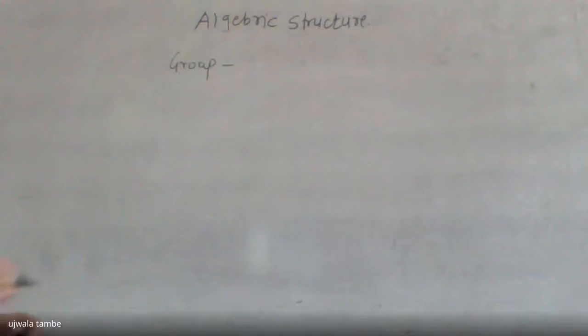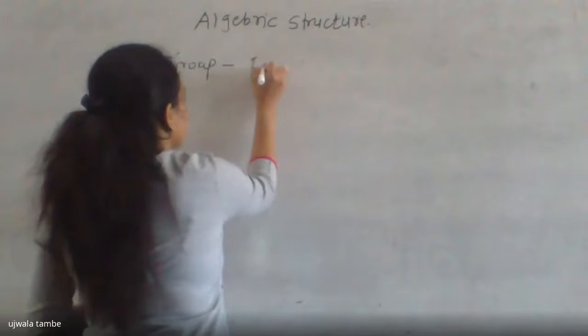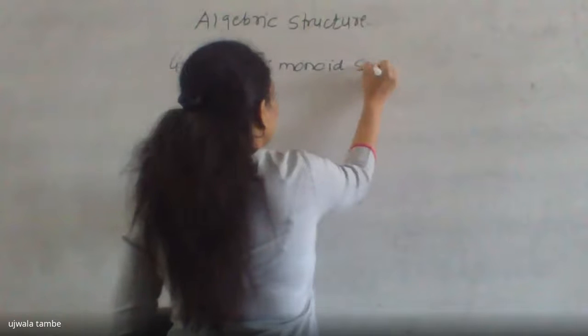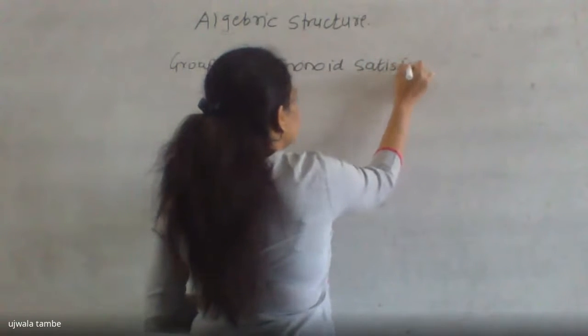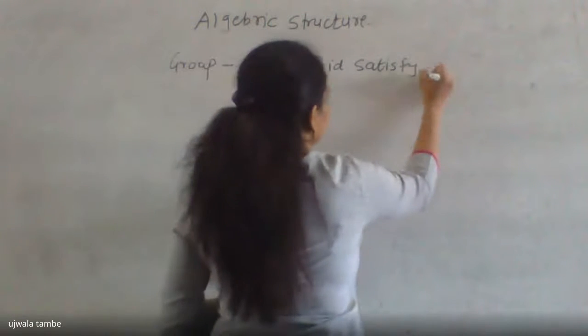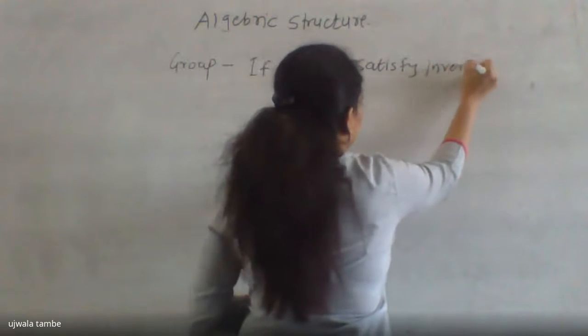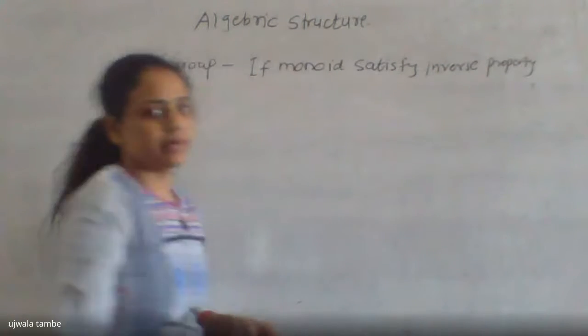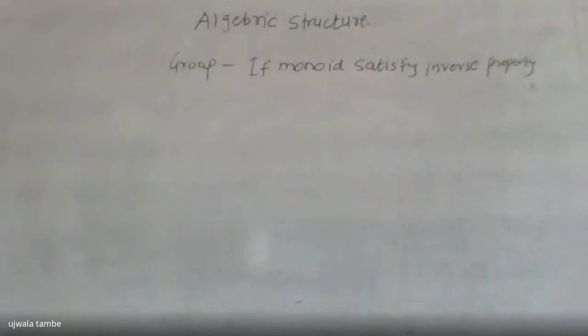If a monoid satisfies the inverse property, then it is called a group.